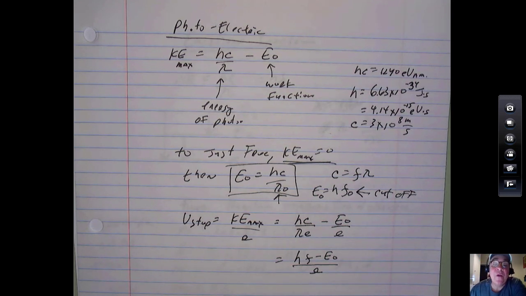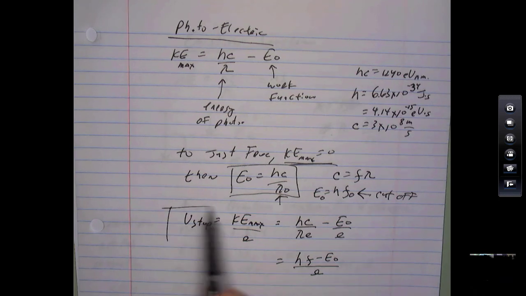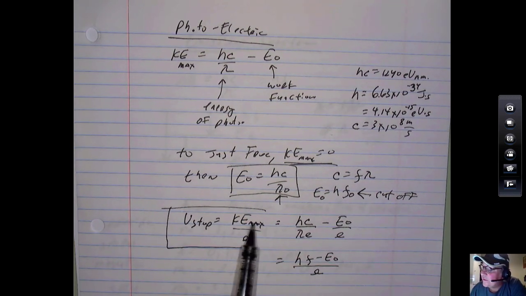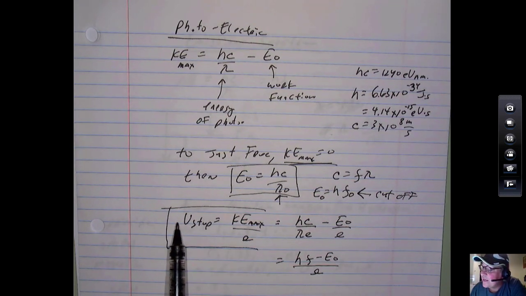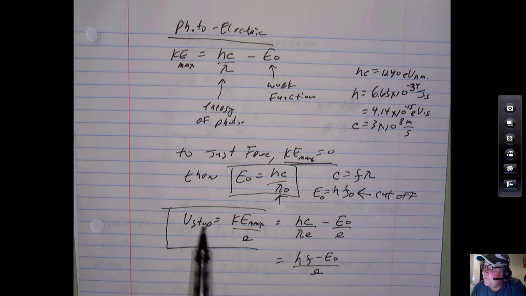What if you want to stop all current from coming across? Then you can turn all of the kinetic energy into electrical potential energy. So using that relationship, we came up with this formula. Kinetic energy, if you multiply both sides by e, would be e times V stop. So the stopping potential is the maximum kinetic energy divided by the fundamental charge.